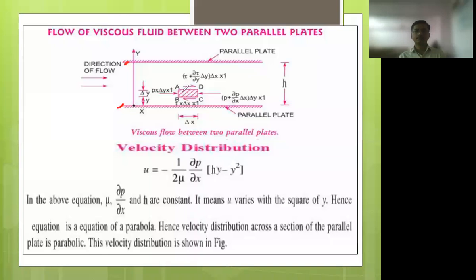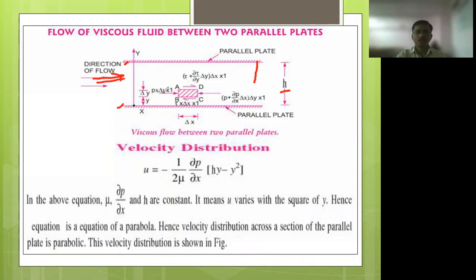Then this is one fluid element which has been shown here, of sides A, B, C, D. The distance between these two plates is given as h, small h. The direction of flow is this. This is the direction of flow.